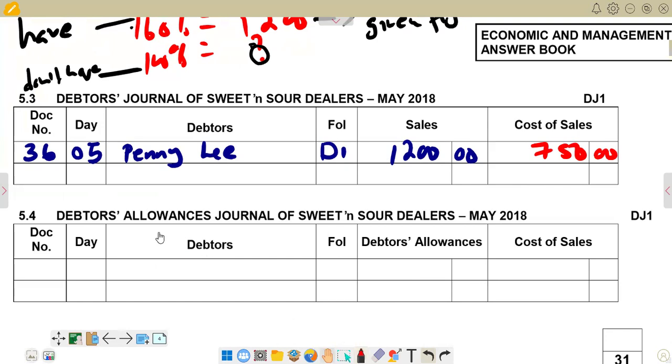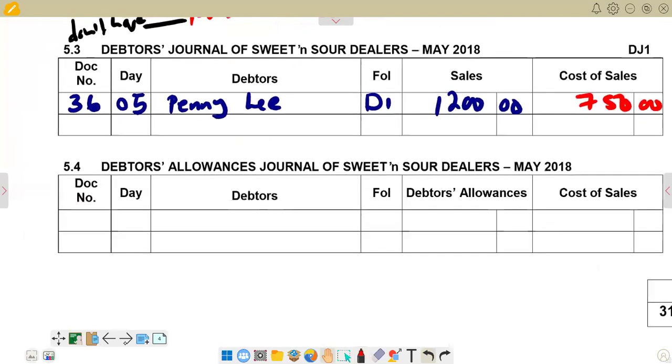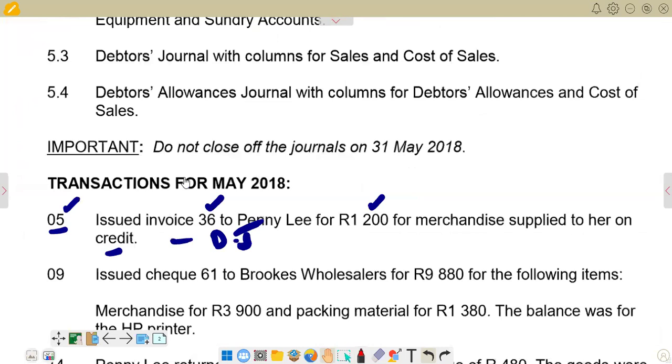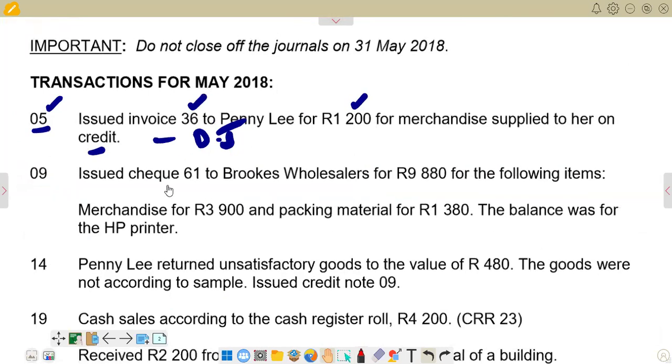Then we can go back to the question to see what we are supposed to do in terms of the next transaction. So coming here, this is now 9 May 2018.